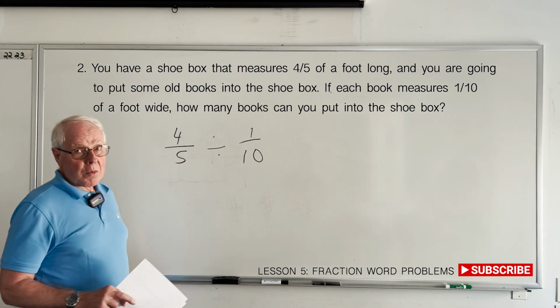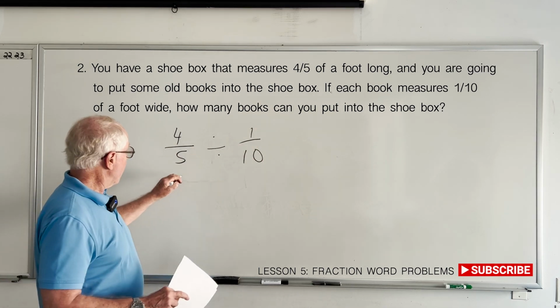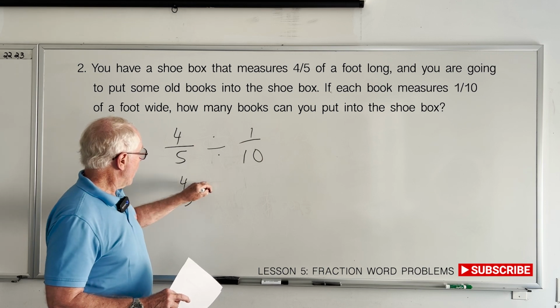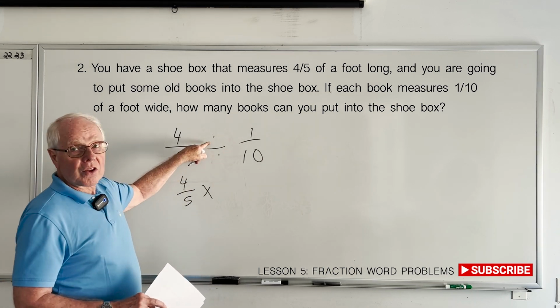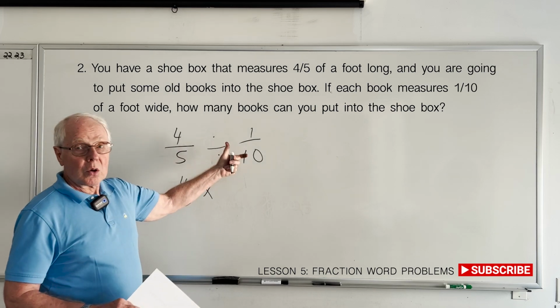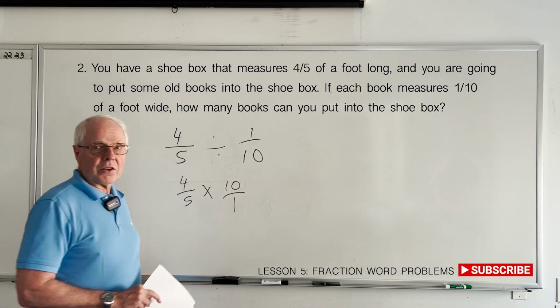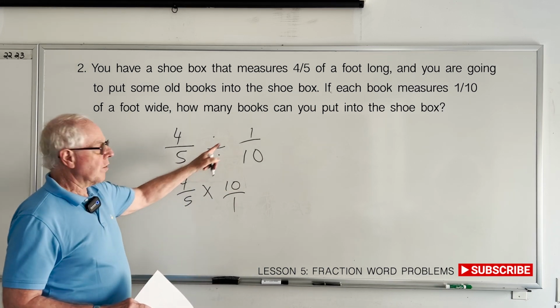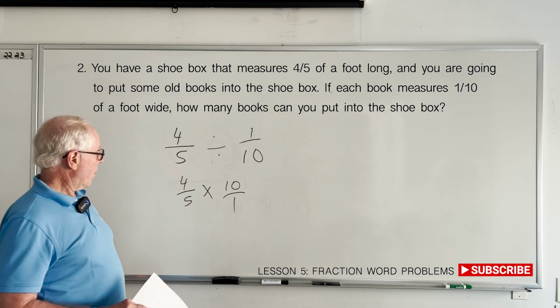Now if you remember from the previous lesson, dividing by 1/10 is the same as multiplying by its reciprocal. So if we change this sign from division to multiplication, we're going to turn this on its head and make it 10/1. So 4/5 divided by 1/10 is the same as 4/5 times 10/1.